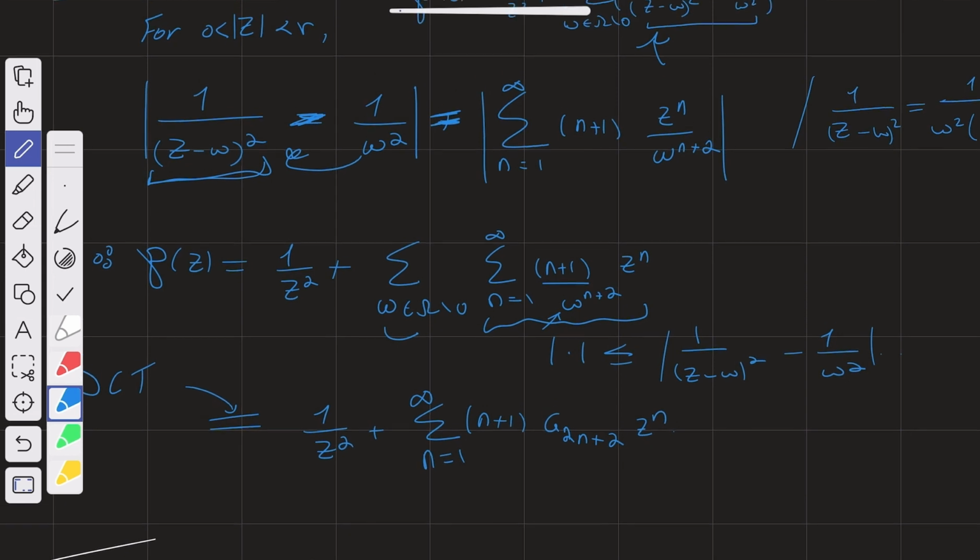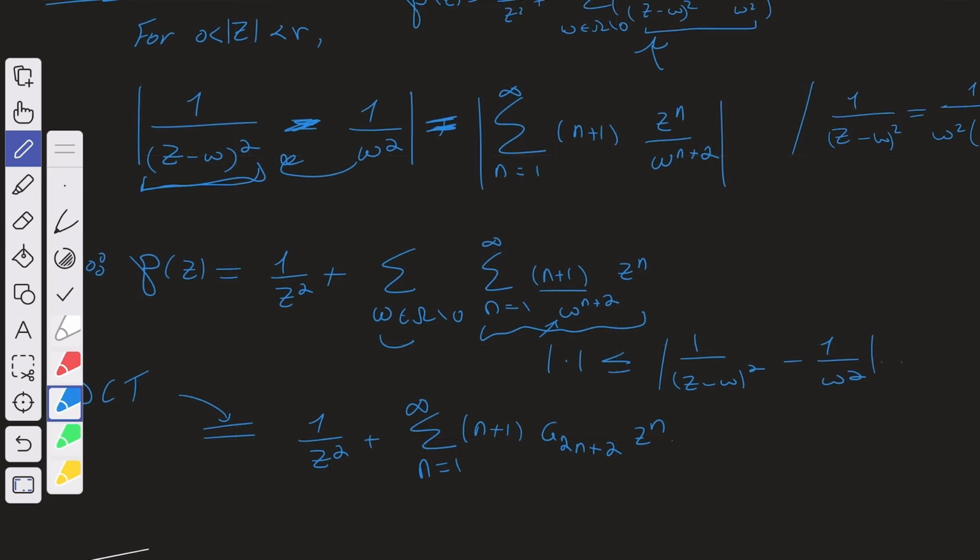So we can switch the sums, and once we switch the sums, we're going to get something like the sum over n equals 1 to infinity of the sum over omegas that are non-zero, and then we're going to have n plus 1 here, and then 1 over omega to the n plus 2, and then z to the n.